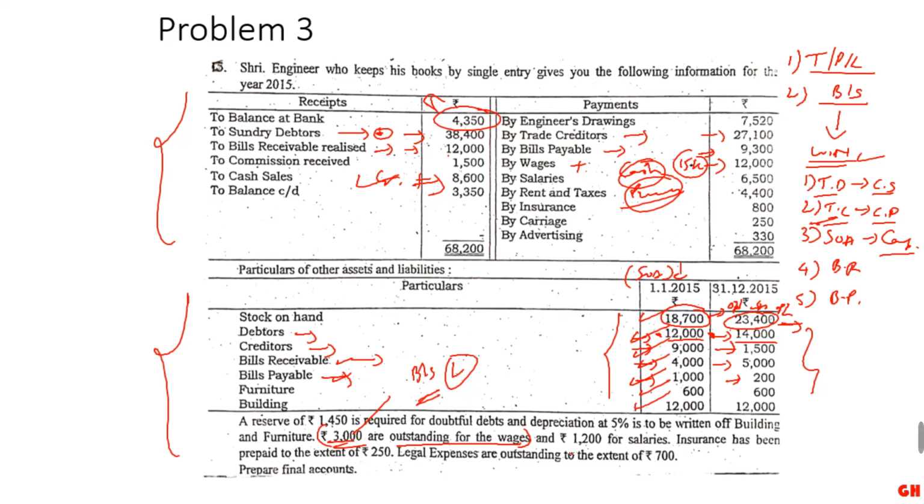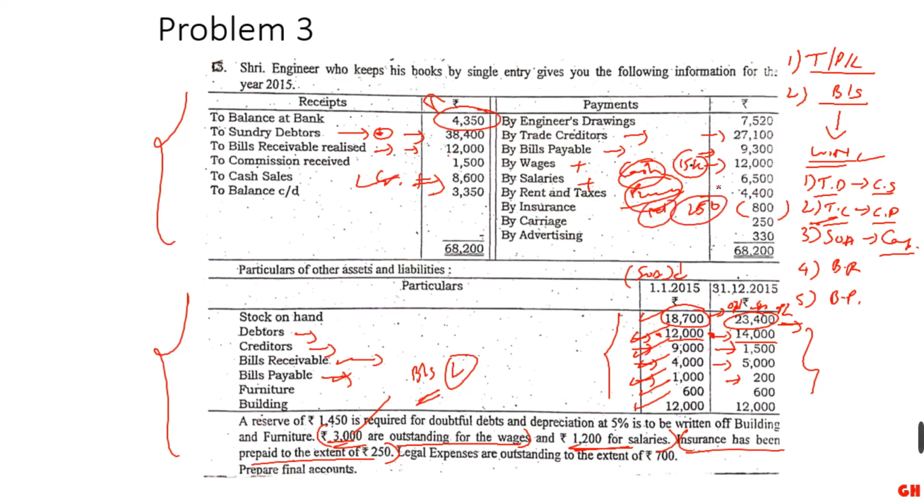On similar lines, salaries are also outstanding, that will be added to 6,500, plus insurance has been prepaid, 250. Total 800 is paid. In this 800, 250 is extra paid, an advance.